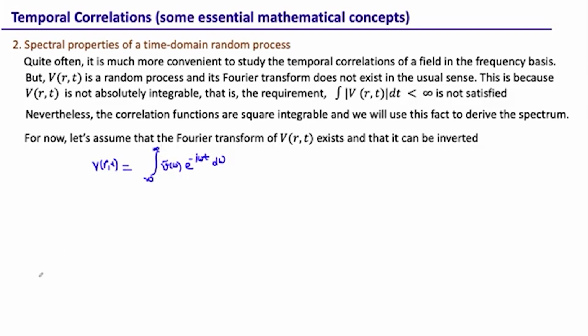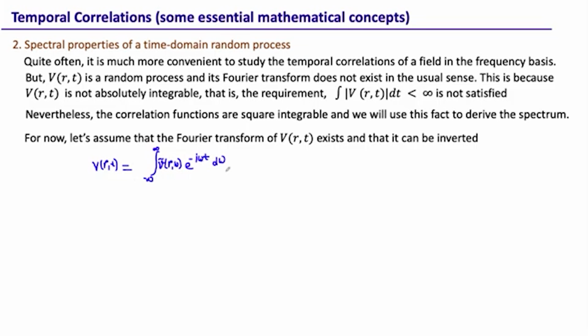Oh, actually, since we are taking r as well, this should be V tilde (r, omega). We keep r because this real signal has both space and time, but in this temporal second order coherence theory it is mostly the time that we are concentrating on.